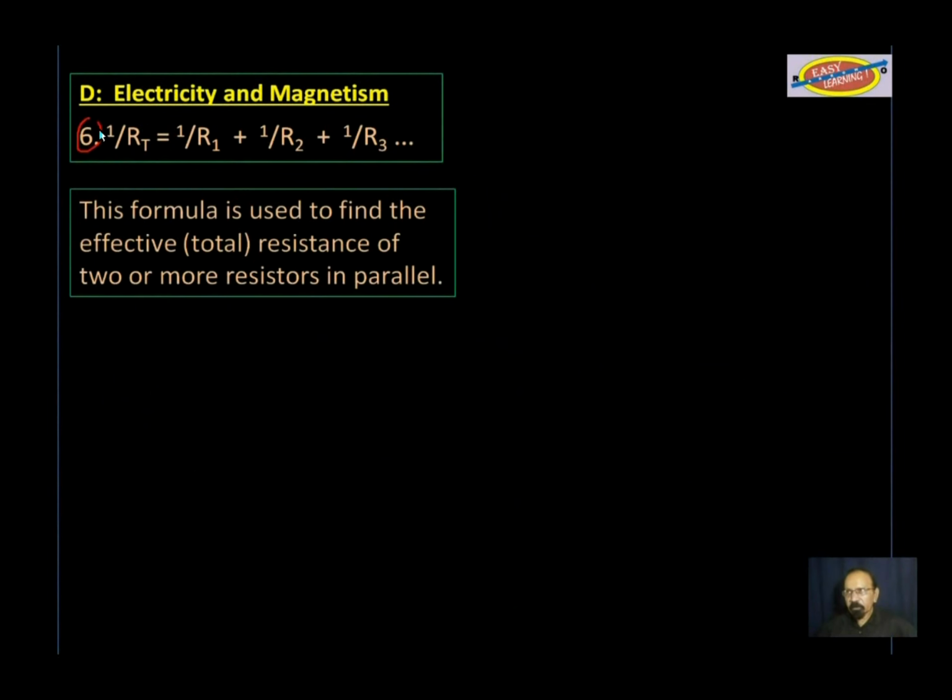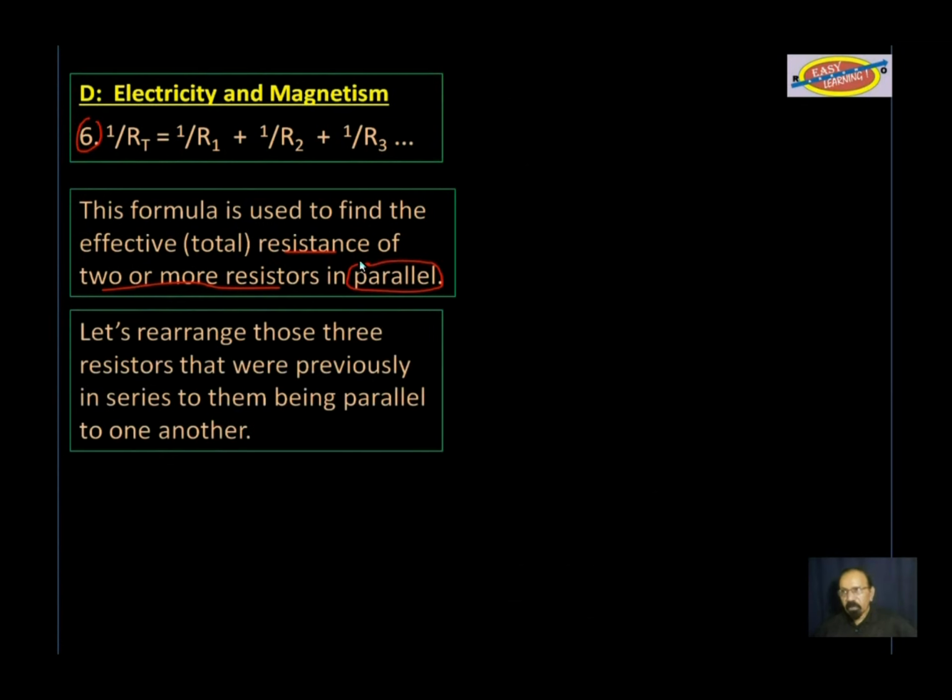Now we come to formula 6. This formula is used to find the effective or total resistance of two or more resistors in parallel. Let's arrange those three resistors we had in the previous question from series to parallel. So they will look like this: 30 ohm, 20 ohm, 40 ohms.